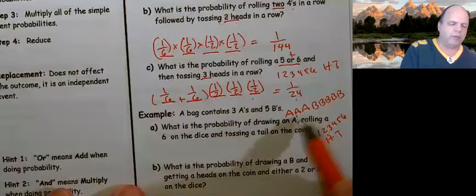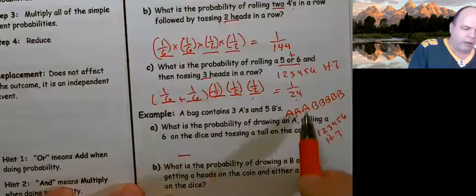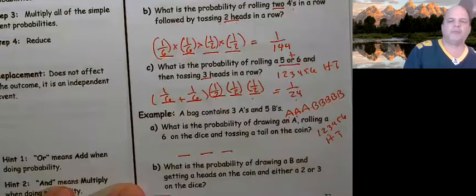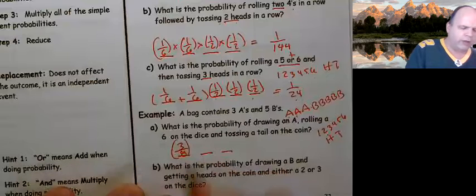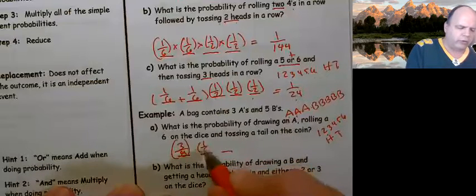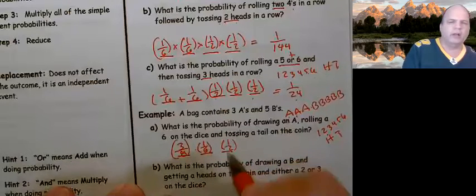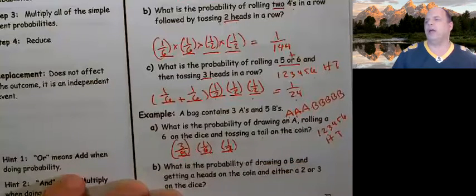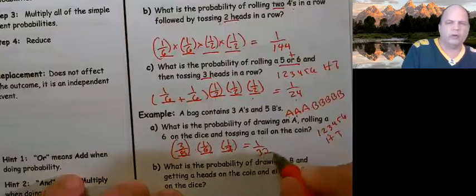Well, there's 3 out of 1, 2, 3, 4, 5, 6, 7, 8. So a letter, a number, and a tails. So 3 out of 8 for the A. Rolling a 6, this is going to be 1 out of 6. And tossing a tail, which is 1/2. And if I go ahead and multiply all of that, I get 1 over 32.